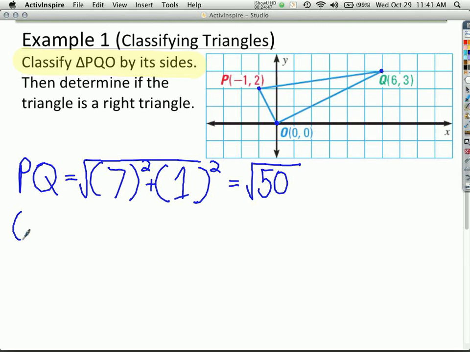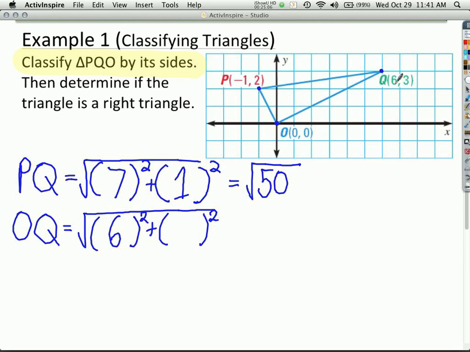So let's now do the distance of OQ. Same idea, distance formula. Difference of the x's squared plus the differences of the y's squared. 6 minus, well, that's easy. And 3 minus, well, that's easy.